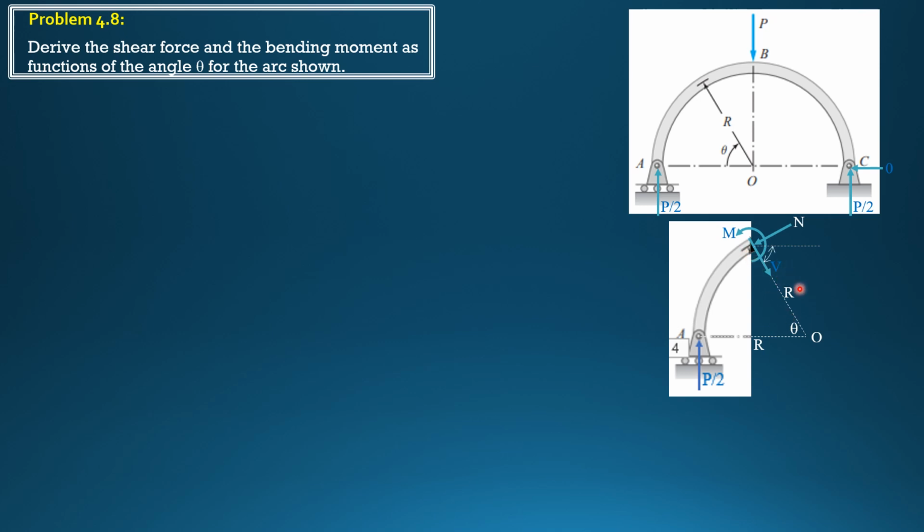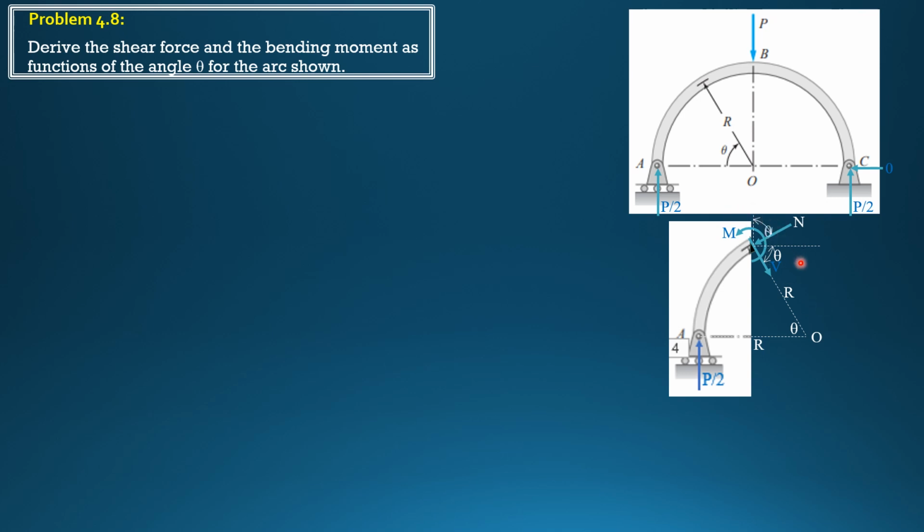So I draw a horizontal line through this section. So if this is theta, this angle here is also theta. Then this is 90 degrees minus theta. So the angle that N makes with the vertical is also theta.